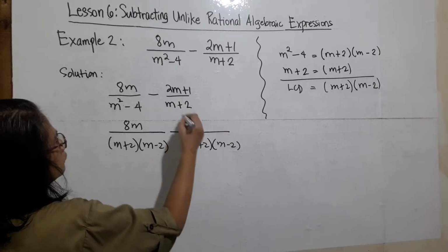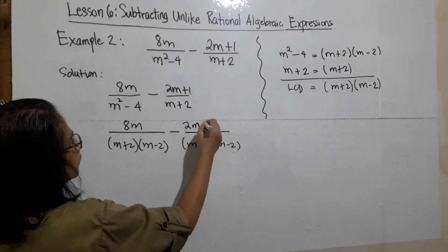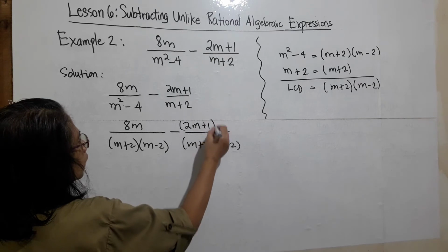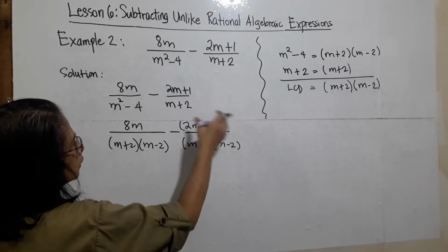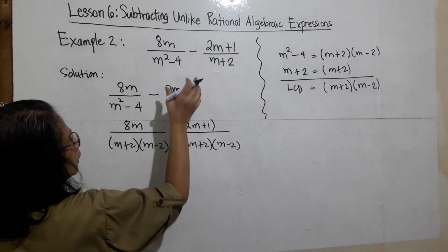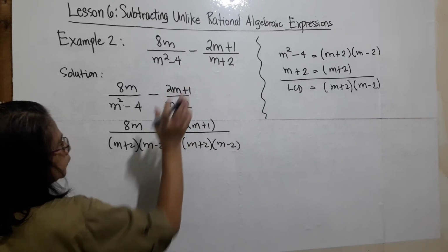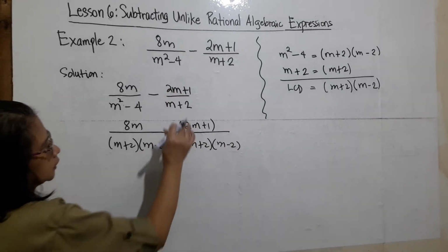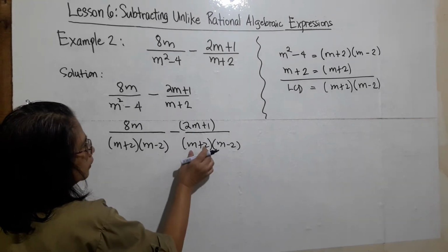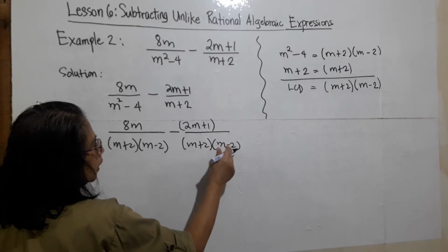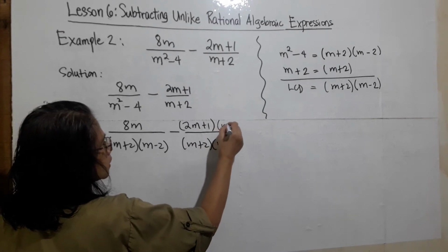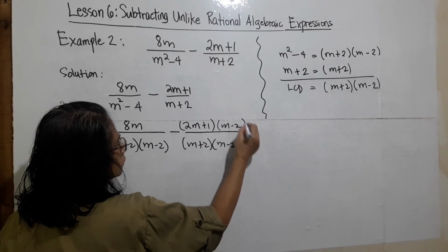Then copy the given here, 2m plus 1. What should be multiplied here so that this expression will be equal to this expression? Because in the denominator we have only m plus 2. So we have to multiply the numerator by m minus 2. Okay?